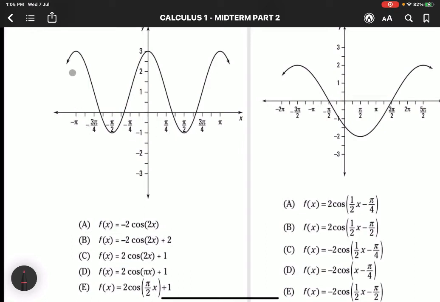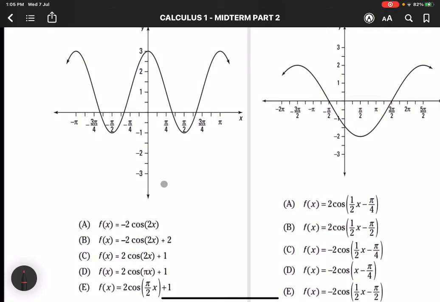Okay? So, this indicates a change in midline, no? So, ibig sabihin nito, ang original na amplitude niya ay 2. Okay? Kasi kung ibababa mo dito sa original na amplitude of 2, bababa rin siya dito sa 2. So, magiging 2 yung kanyang amplitude.